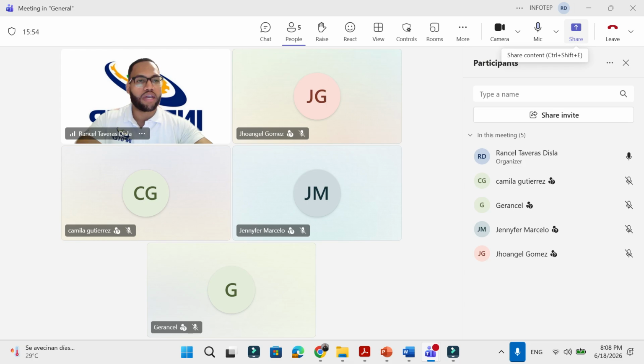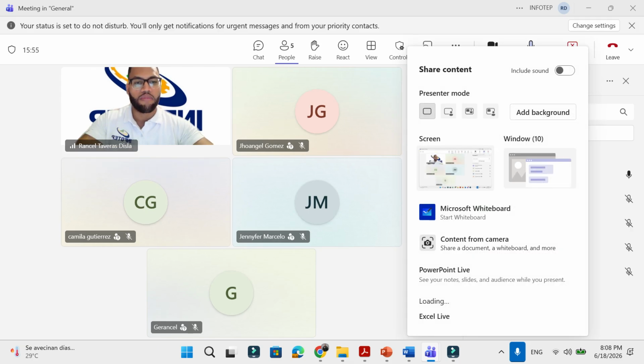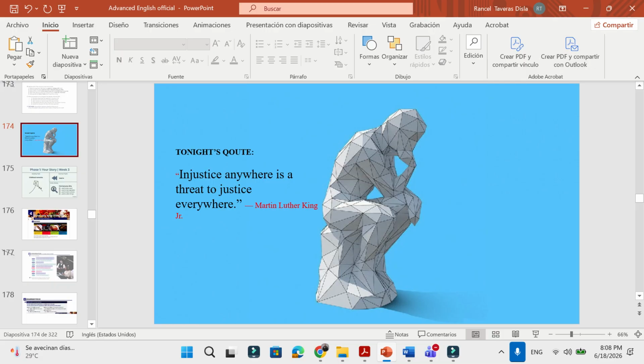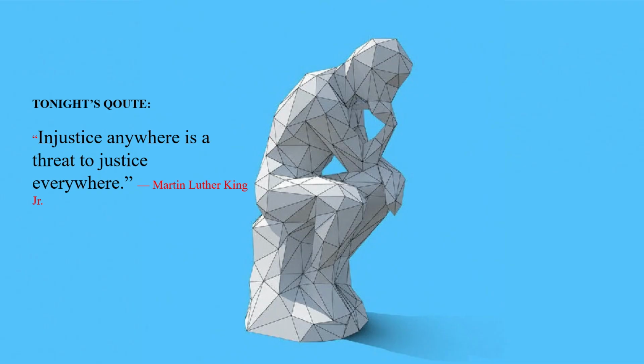Okay, so before we begin, let me share my screen and let's read tonight's quote. Here we have it. Injustice anywhere is a threat to justice everywhere. This quote is by Martin Luther King Jr. So read it, take a minute, and I will ask you, what do you think about this?